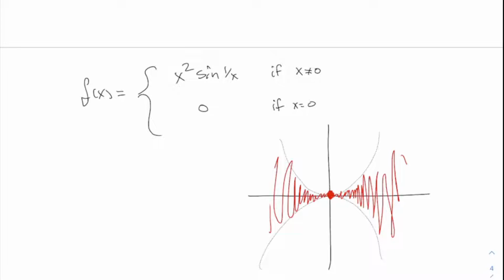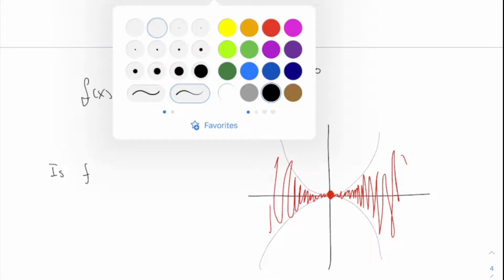So in this one, the oscillations are smaller this time when you get close to the origin. So something slightly different is going on when you're close to the origin. But anyway, my question, as before, is: is f differentiable at 0?